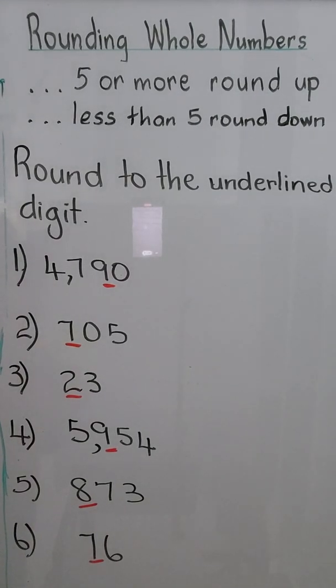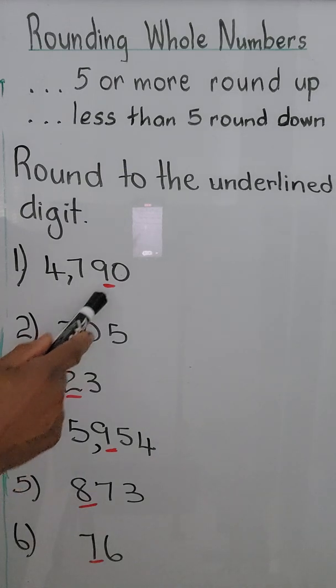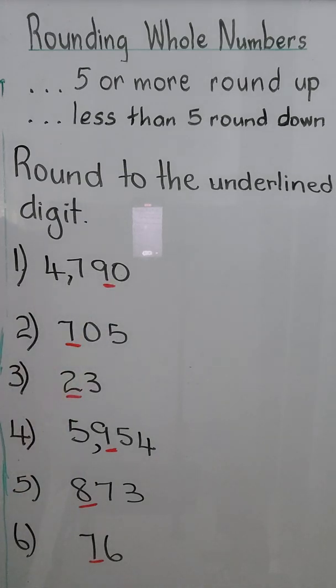So let's practice rounding. Example 1. Okay, so what we're doing, we are rounding to the underlined digit. Number 1, 4,790, and we are rounding to the nearest 10.